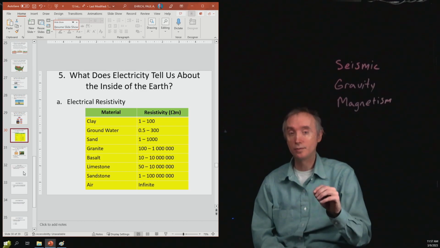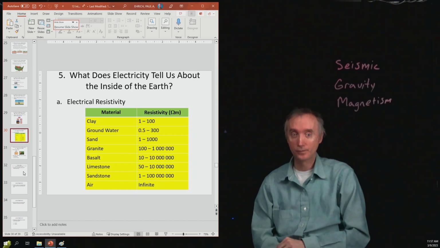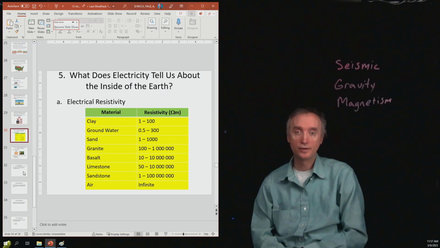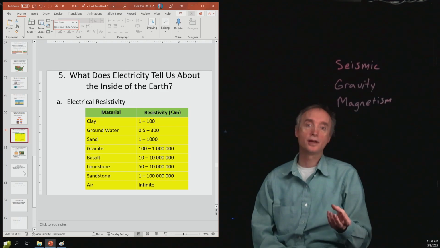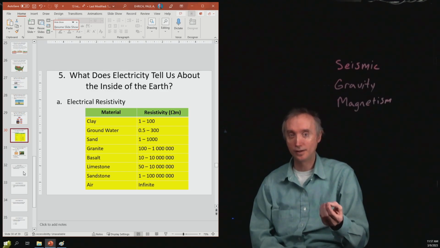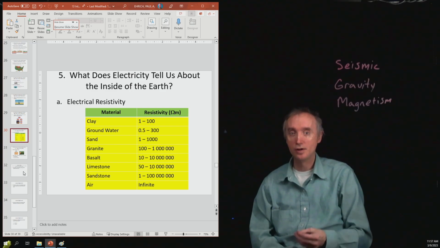So what is it about clay that does that? Clay contains water, and we said that water is a good conductor of electricity. Okay, then you've got groundwater, and so groundwater can be a good conductor of electricity if it's got impurities, but the less impurities it has, the more it acts like a resistor.